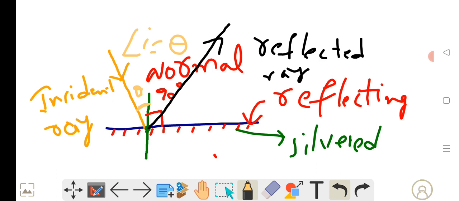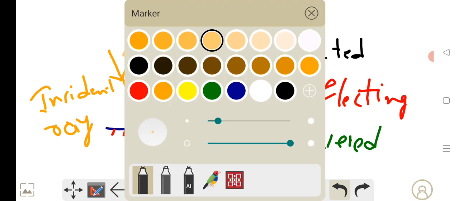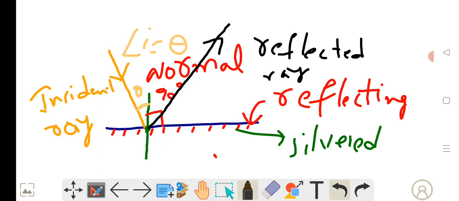The same angle you will have between the normal and the reflected ray, theta only. So the reflected ray and normal will have the angle of reflection, angle R equal to theta.